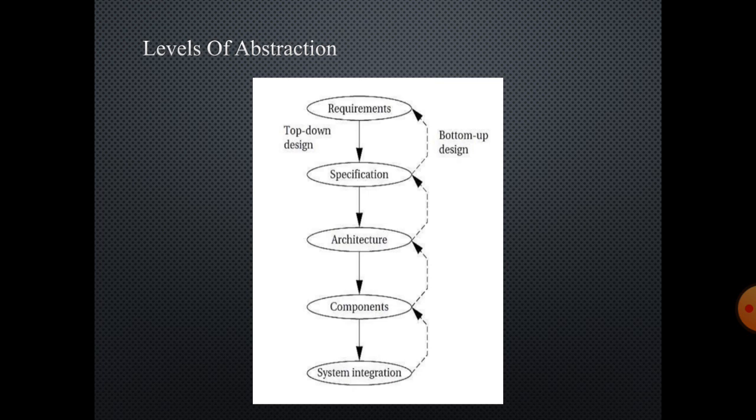After completing all the parts, they should be integrated together to get the final embedded system. It is done in the system integration part. So I have told it in a top-down design approach, the reverse of this gives the bottom-up design approach.